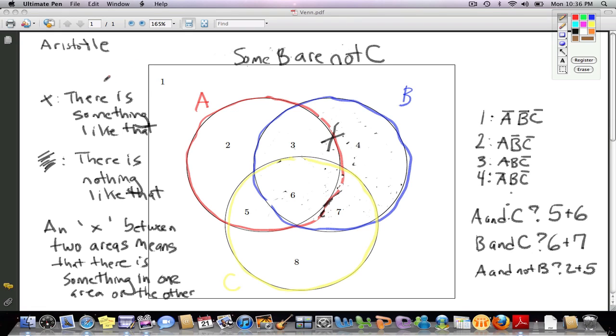So for all and no claims, we will get an X in addition to the shading. It's a very natural assumption. You may have tried to diagram things in this way, but I won't show the difference for any some claims, but instead for both the all and the no claim.